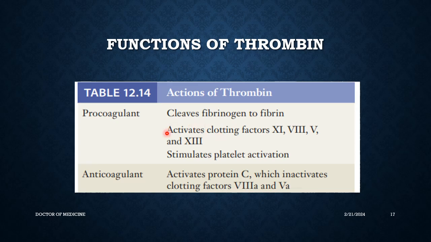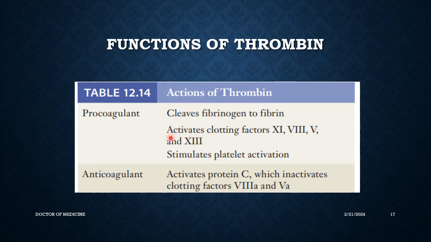As a procoagulant, thrombin will catalyze the step which converts inactive fibrinogen into active fibrin, so this is factor 1 into factor 1A. Thrombin will also activate, through its positive feedback effect, factor 11, factor 8, and factor 5. It also activates the fibrin stabilizing factor known as factor 13.